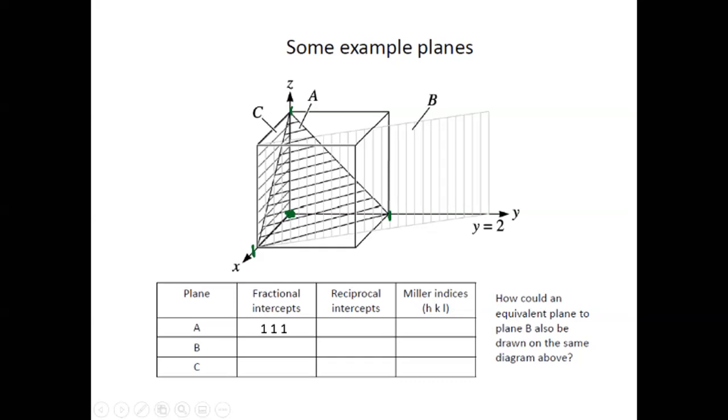So these are our fractional intercepts where the plane crosses the x, y, and z axes. Then we take the reciprocal. Since they're all 1, it's just going to be the same. And since none of them are negative and there are no fractions, this would be the 1, 1, 1 HKL plane. So it looks like a triangle.